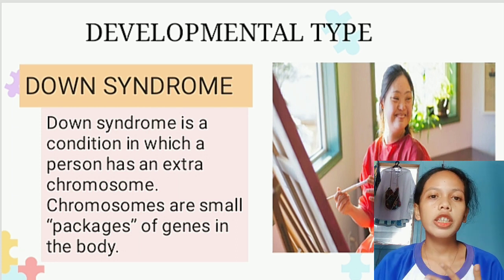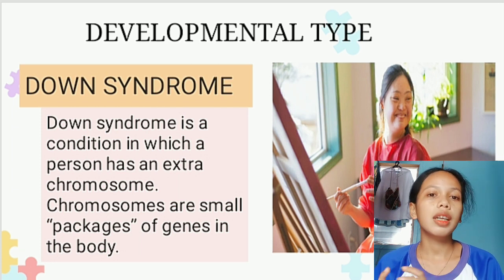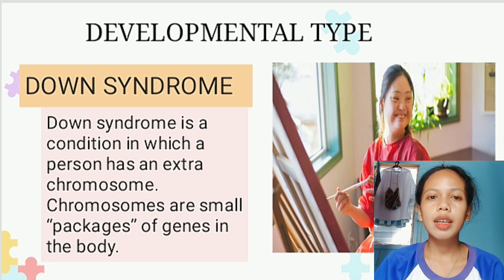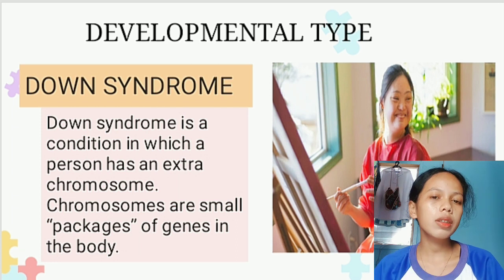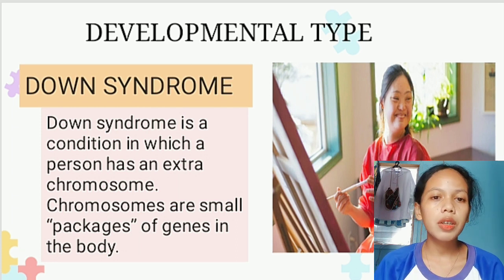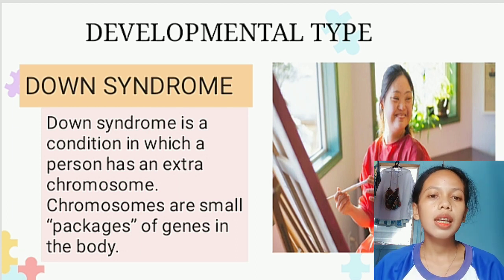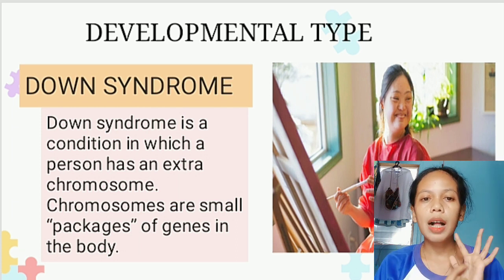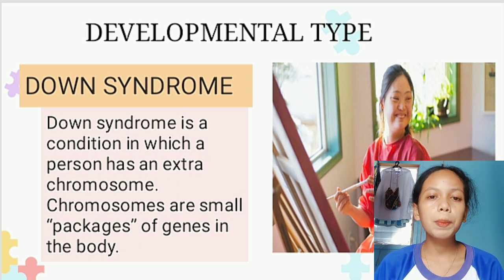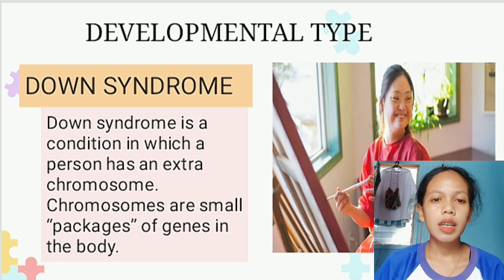A flattened face, especially the bridge of the nose, almond-shaped eyes that slant up, a short neck, small ears, a tongue that tends to stick out of the mouth, tiny white spots on the iris, the colored part of the eye, small hands and feet, a single line across the palm of the hand, small pinky fingers that sometimes curve towards the thumb, poor muscle tone or loose joints, and shorter height as children and adults.